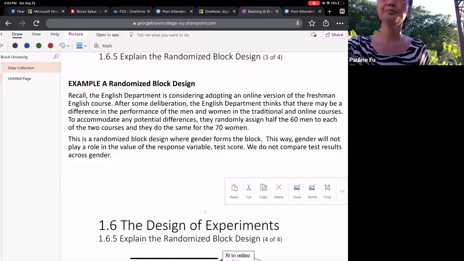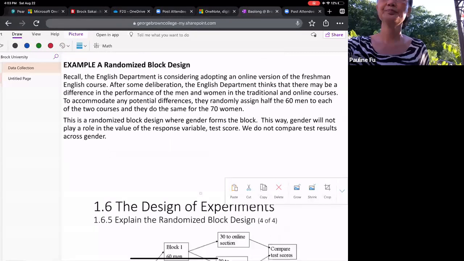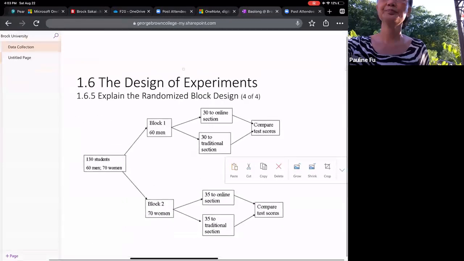So we can use a randomized block design for this experiment. Okay, the block is the gender. We have a male block, we have a female block. If you look at this diagram, this is how the randomized block design works. In total, we have 130 students, 60 male students, 70 female students. We divide the class into 2 blocks. Block 1, 60 male students. Block 2, 70 female students.